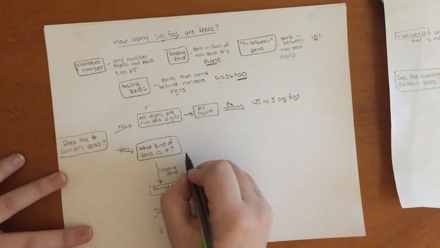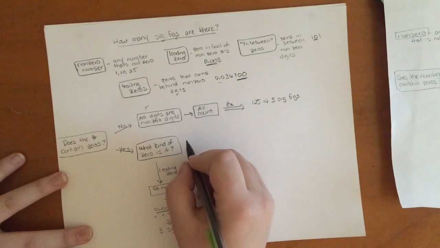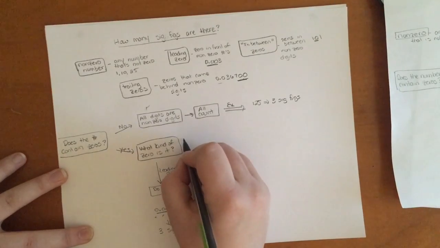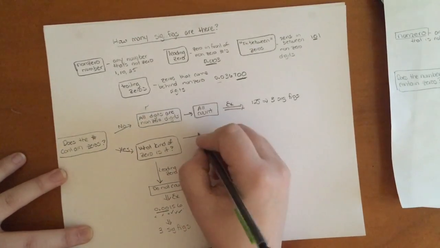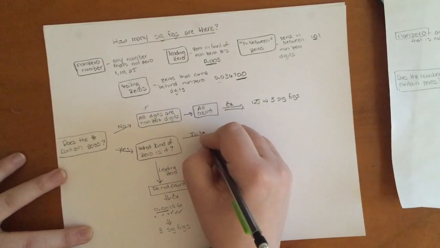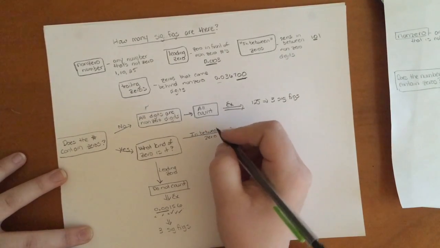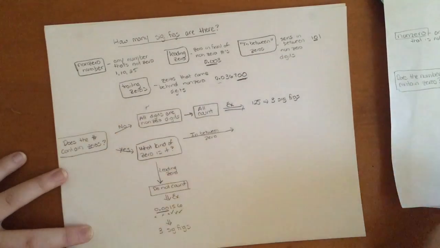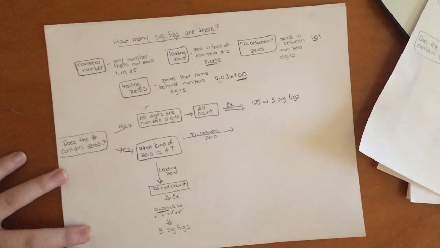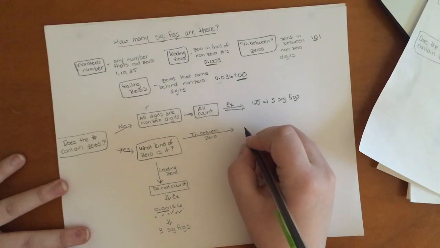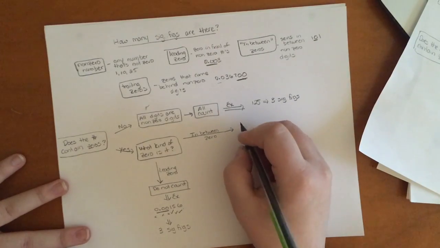Now, if we get an in-between zero, meaning it is a number in between two non-zero numbers, then it counts.